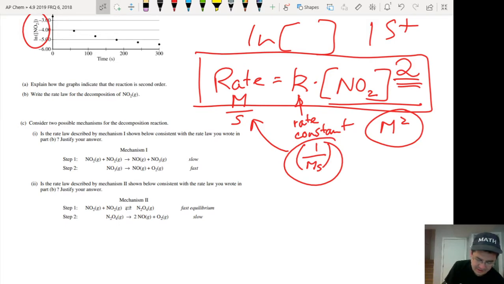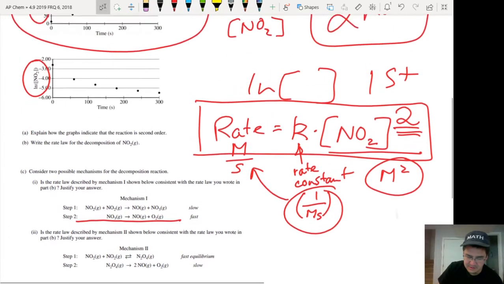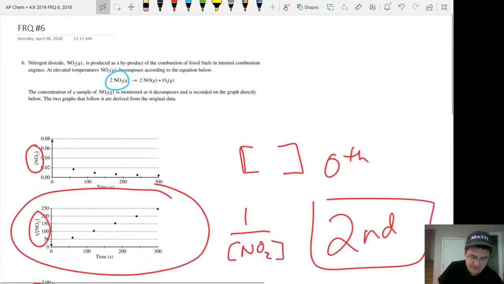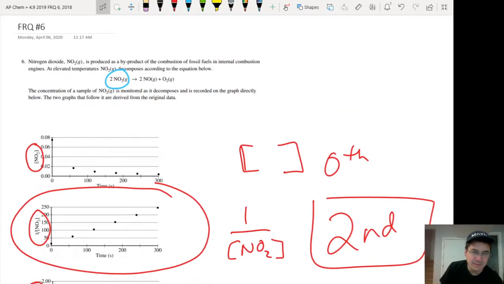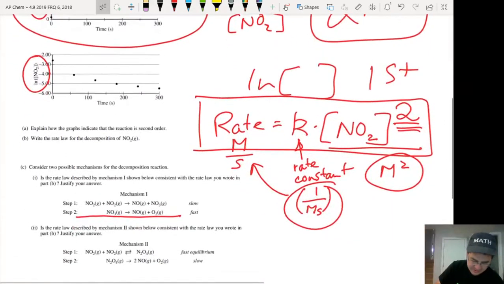Just a reminder, when you add any set of steps up, what should it always sum to? The original reaction. So you could do a quick double check. You should end up with 2 nitrogen dioxides on the left, 2 nitrogen monoxides on the right, and 1 oxygen on the right.